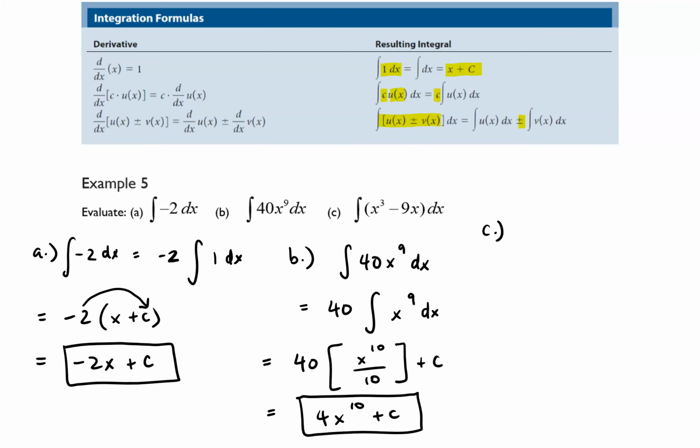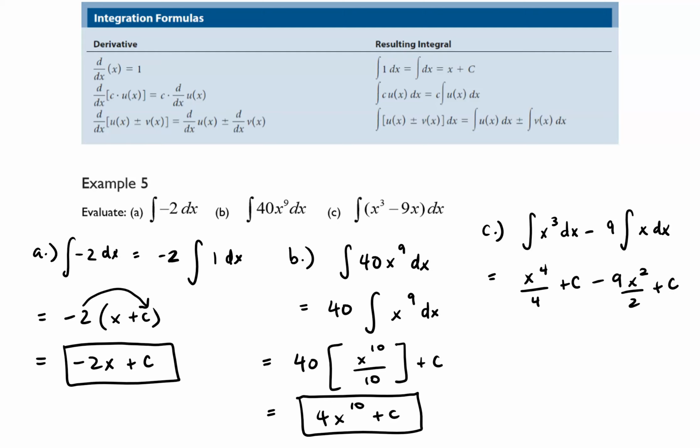And I could put plus c right now, and then what's going to happen is I'll have minus 9x squared over 2 and then plus c again. And these are two different constants, but if I add them together, it's just going to result in a new constant. So usually we don't write two different c's and we combine it all into one constant. So we'd have x to the fourth over 4 minus 9x squared over 2 plus c.